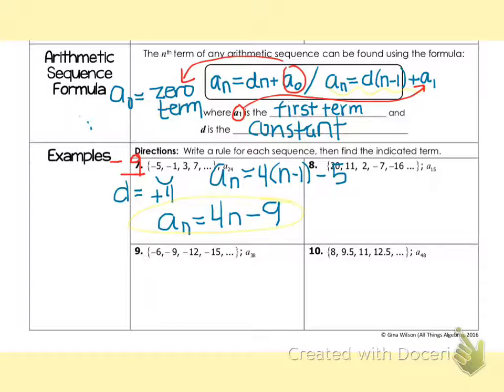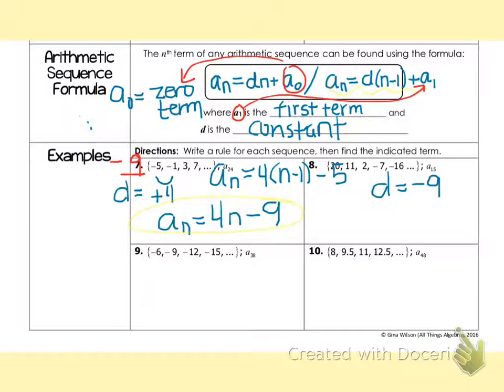So let's take a look at number 8, and then we'll do a couple of you-tries. So this one is 20 and then 11, so it's going down, and then 2, and then -7 and -16. So it's going down each time by 9. So the common difference is -9.